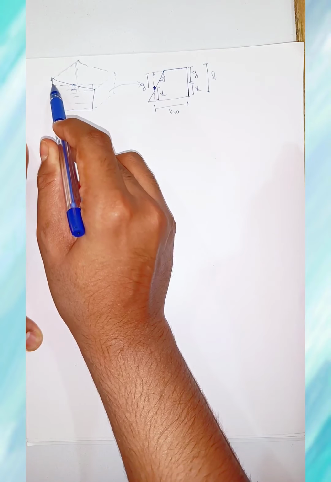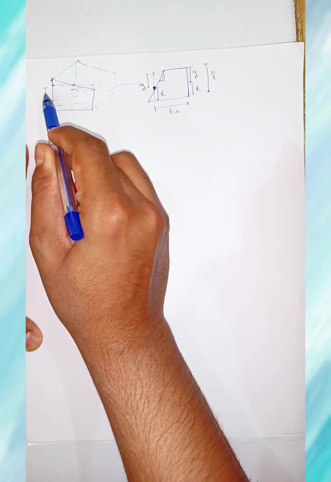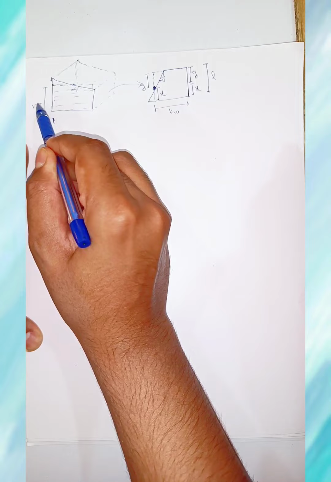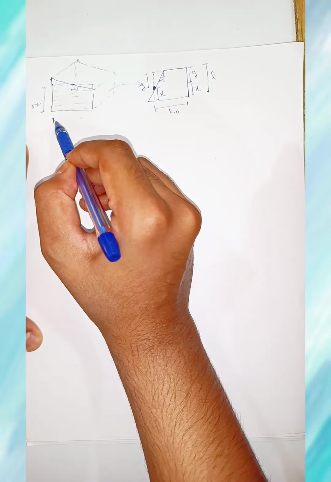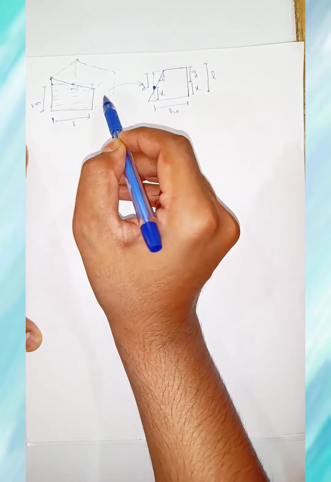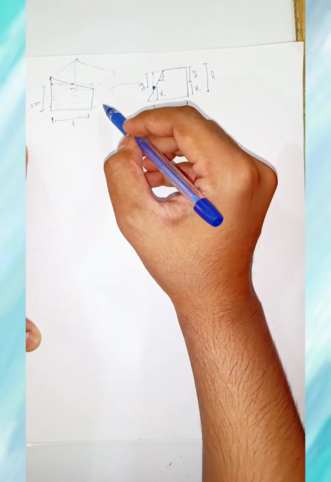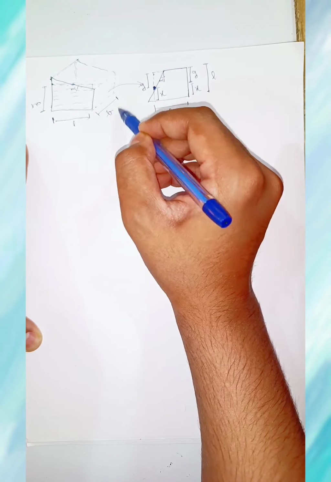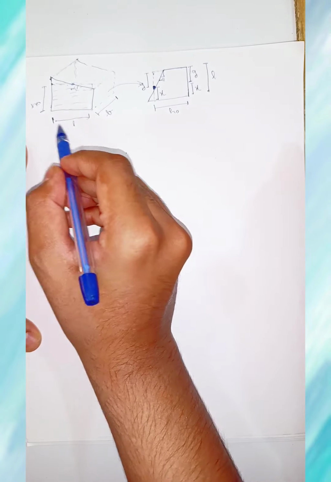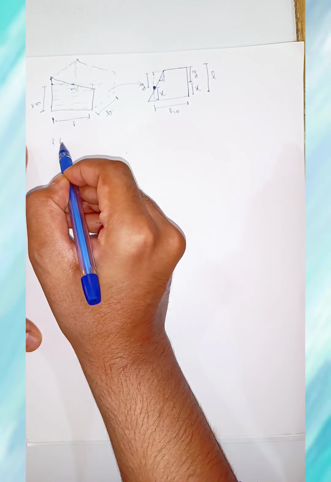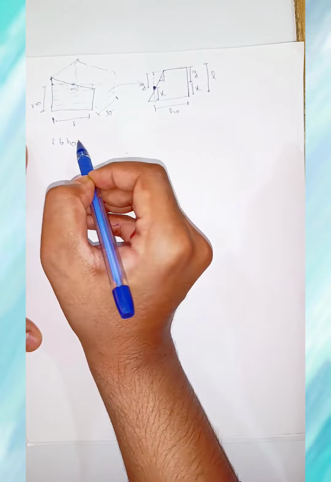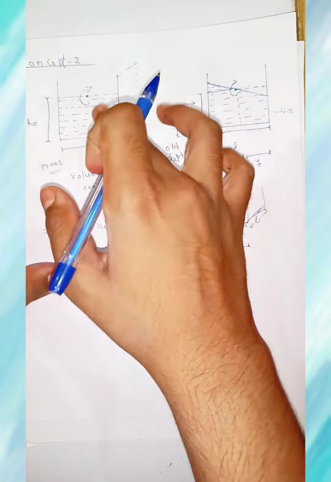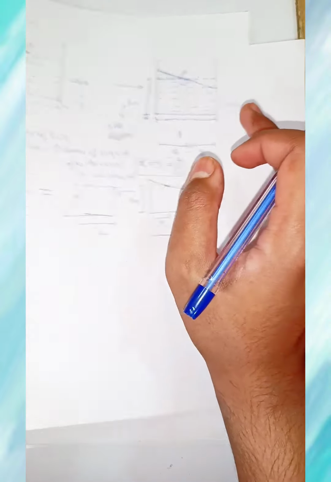This earlier height was actually h0 when the vessel was at rest, and this length was L, and this is a 3D view of that trapezium, and this length we have taken as B, and our earlier volume was L B H naught, because earlier you can see it was a cuboid, but now it has accelerated.